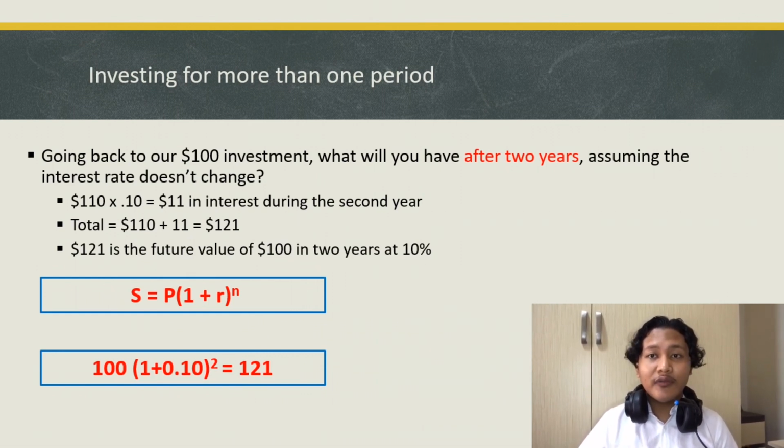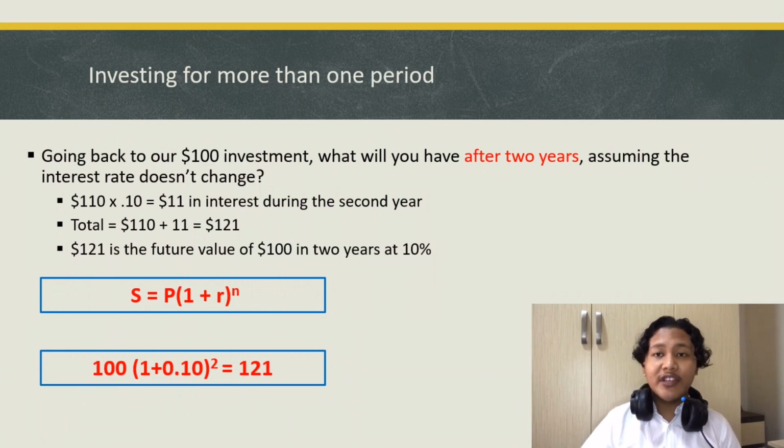That is the answer for this question, with the same rate and the same principal, but a difference in time period: the first is for 1 year, and the second is for 2 years.